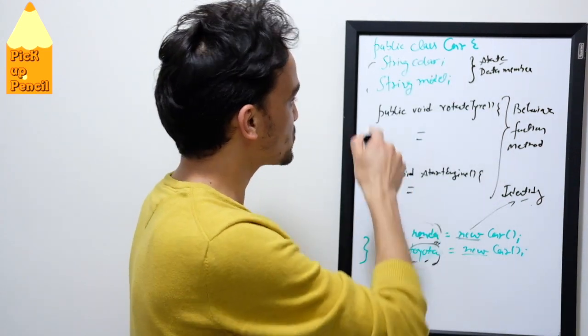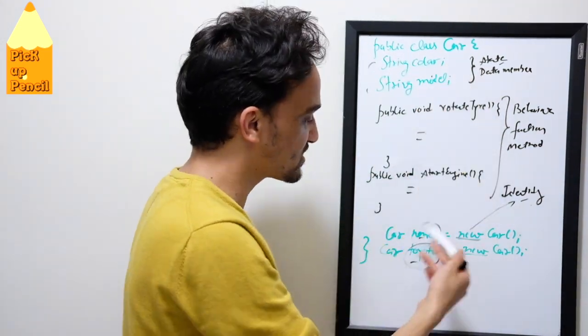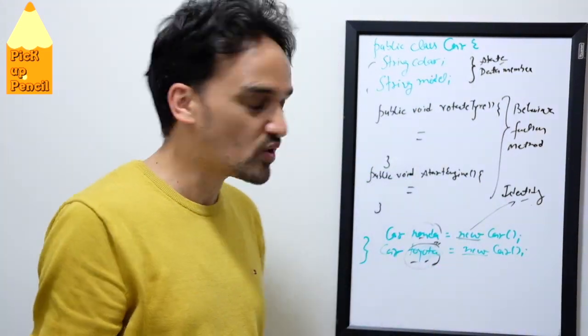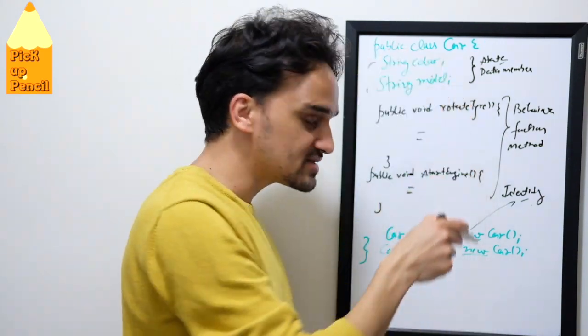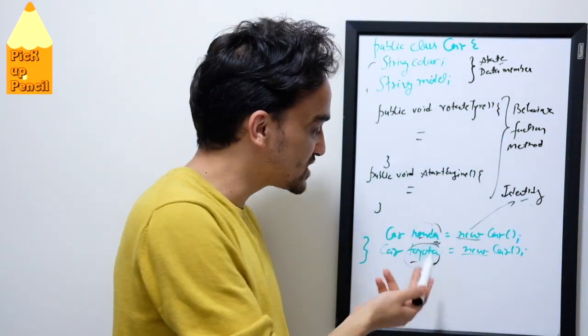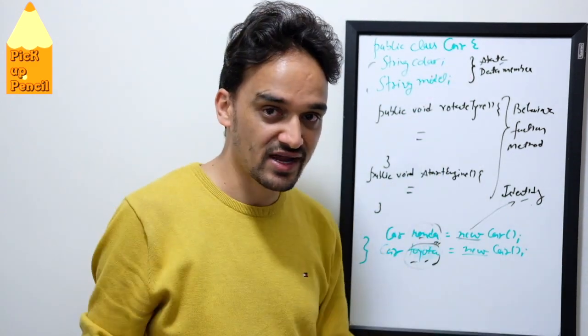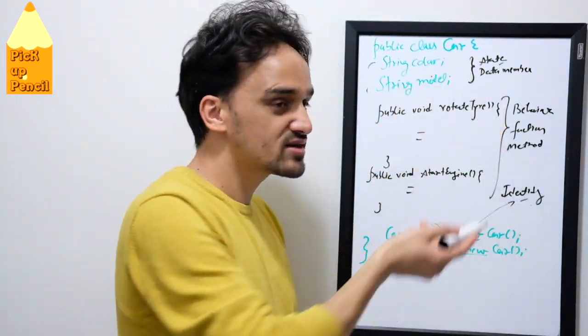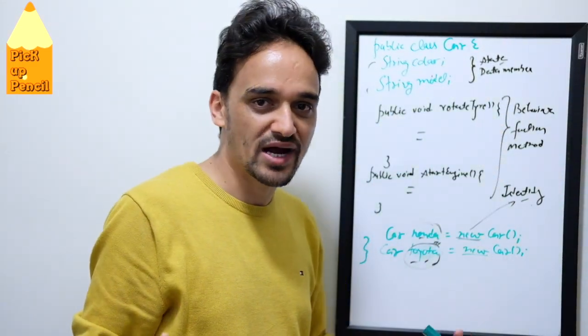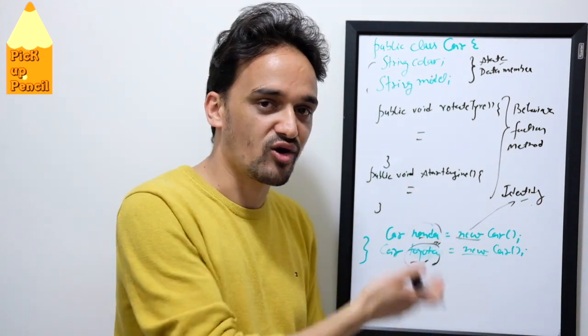So with just one car class we are creating multiple objects. That is why classes are also called object factories, because it acts like a factory where a single unit can create multiple items, and the items are nothing but the objects here.